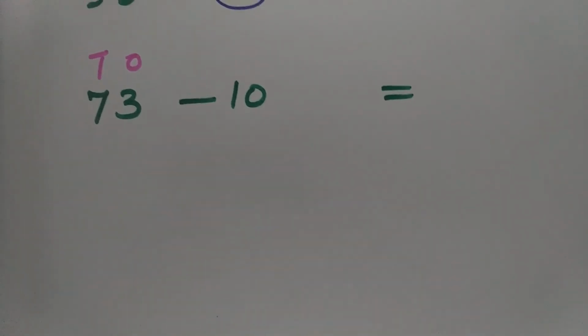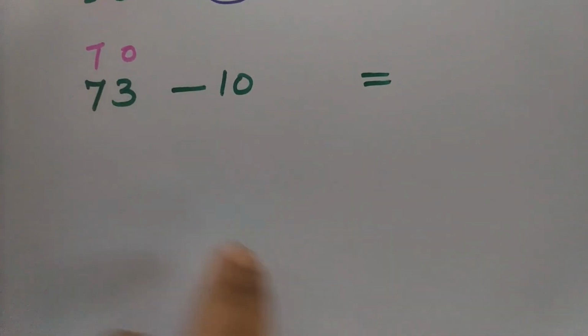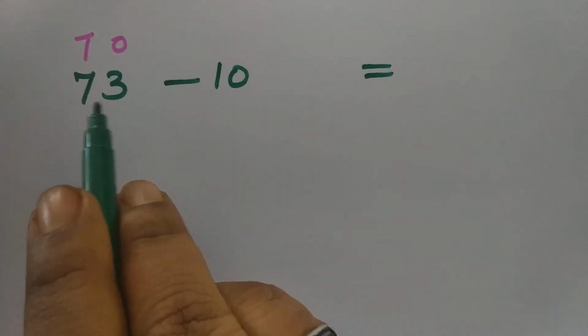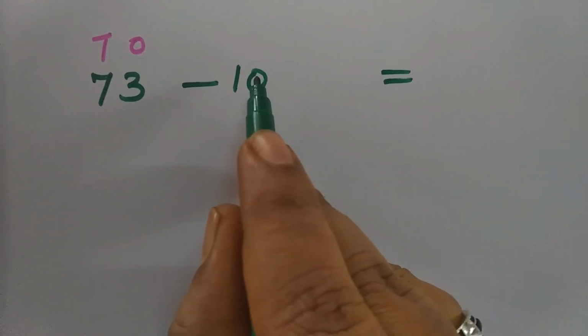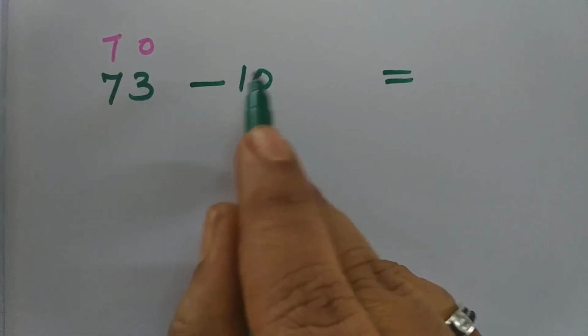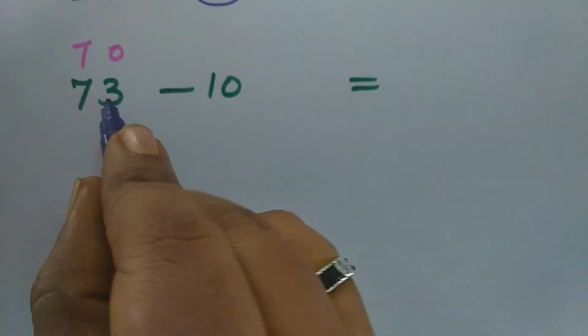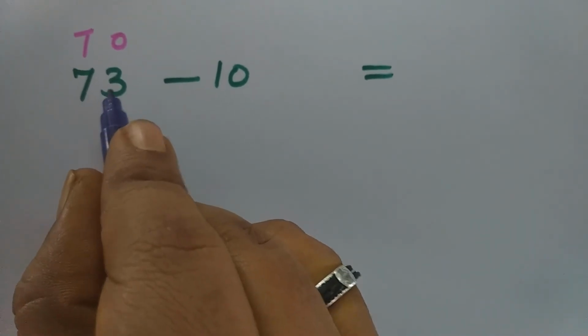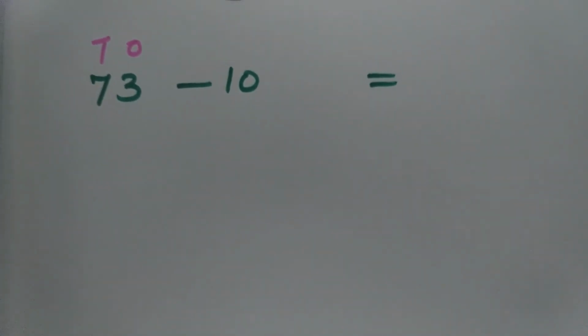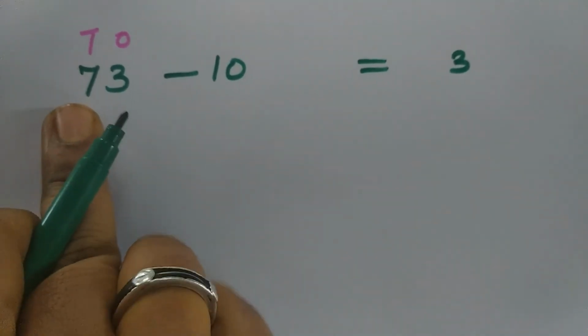Now see the next sum, children. See what is the number? 73 minus 10. So this 10 means only 1/10. This tens means it represents 1/10. So in ones place, what is the number we have? 3. So you want to take and write the number 3 as it is. Only in tens place the number will change.